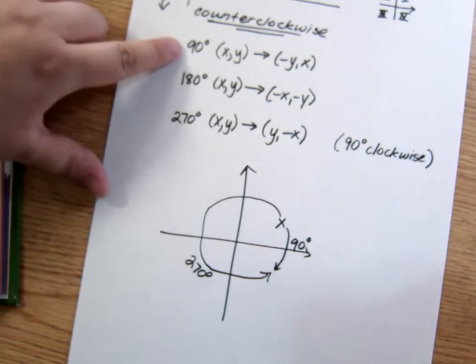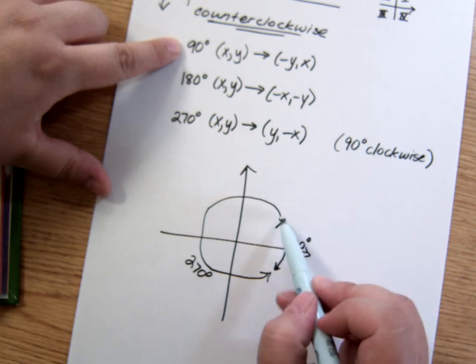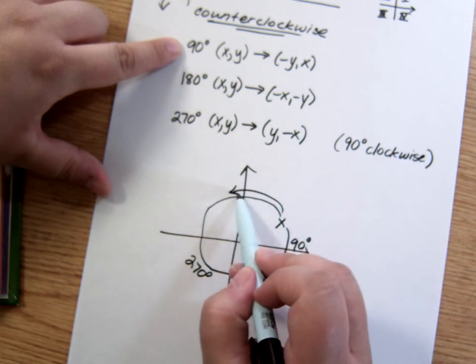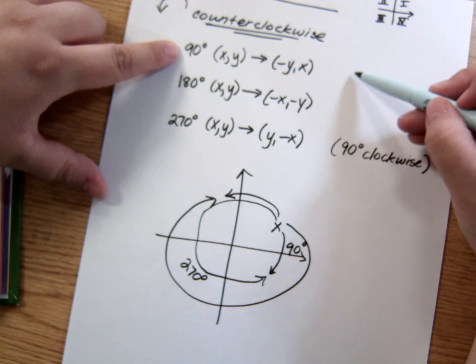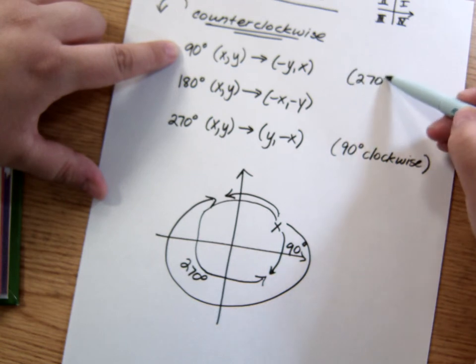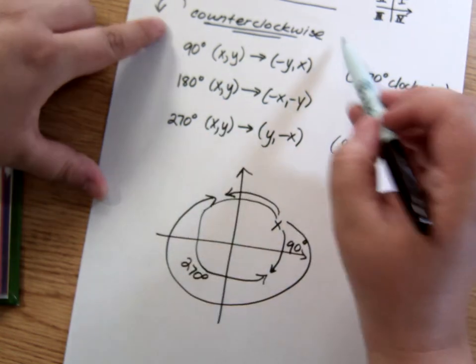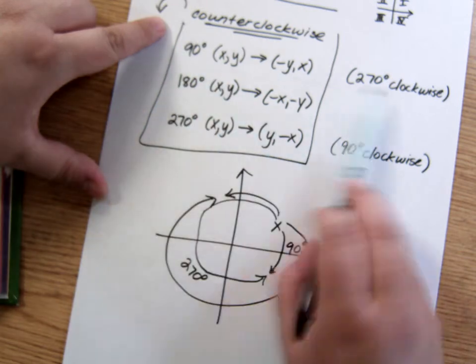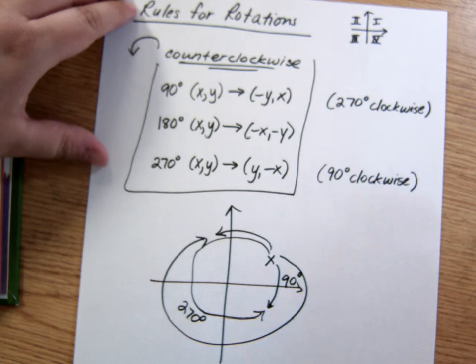And it works the same way up here. If I go 90 counterclockwise, that would be right here. That's the same thing as going around 270 clockwise. So 90 counterclockwise is the same as 270 clockwise. 180, it doesn't matter which way you go. 180 is 180. If I go halfway around either way, I'm still halfway around.